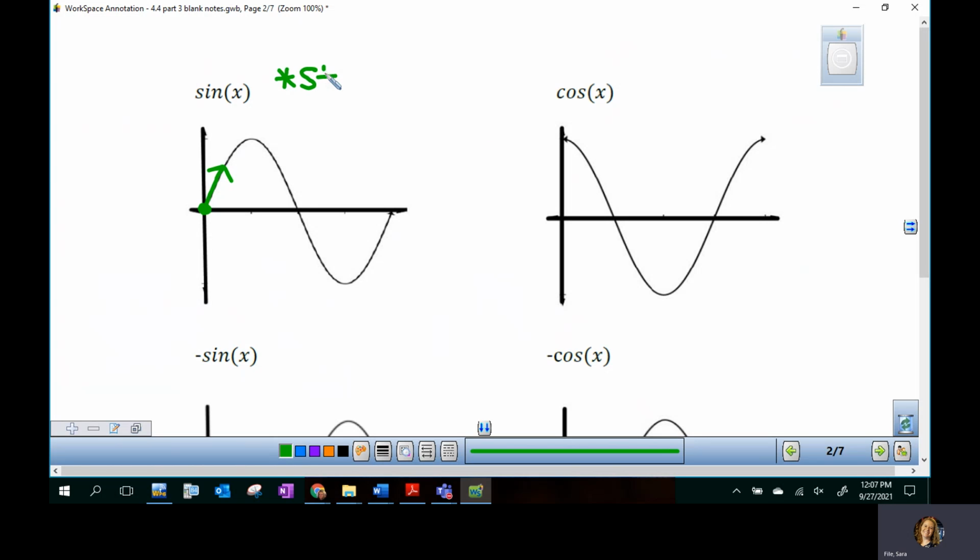So sine starts at the midline and goes up.